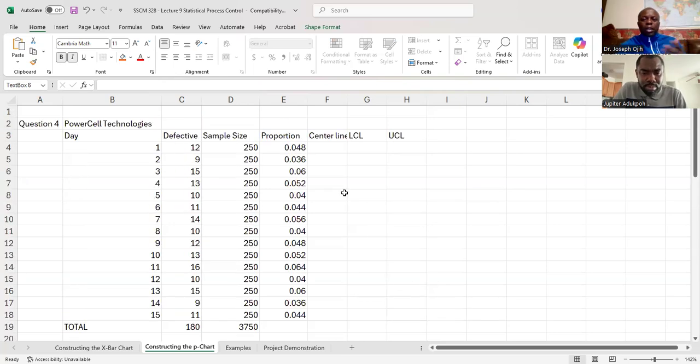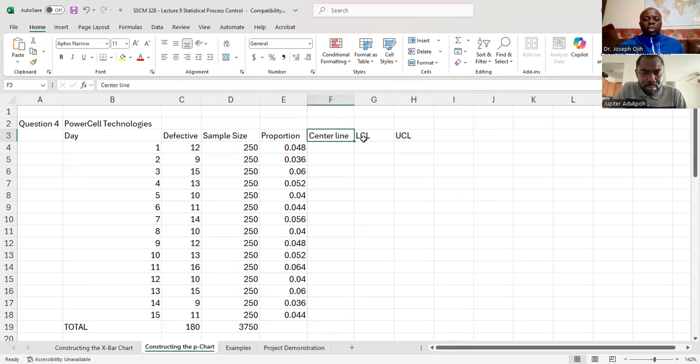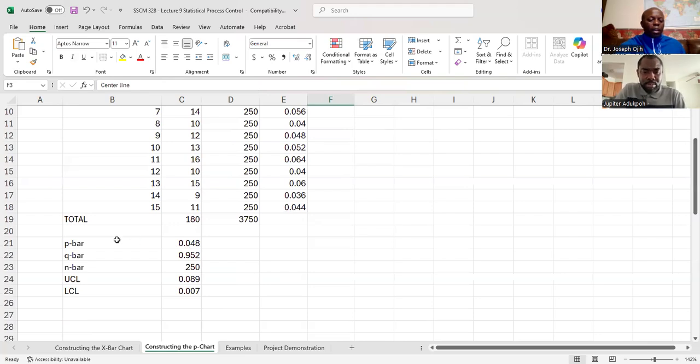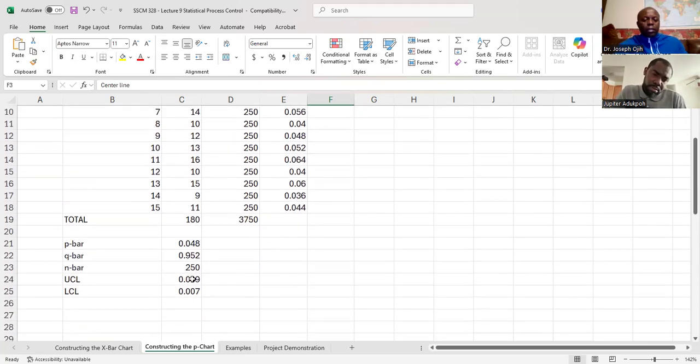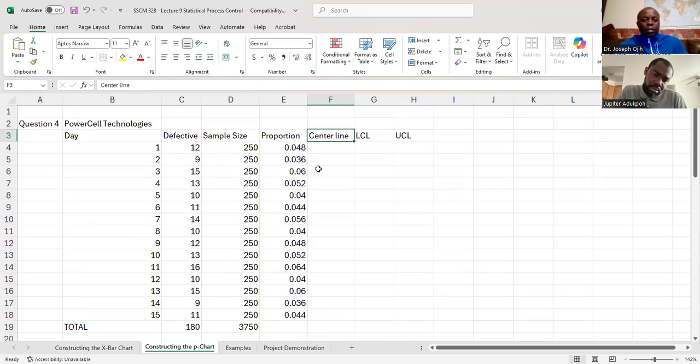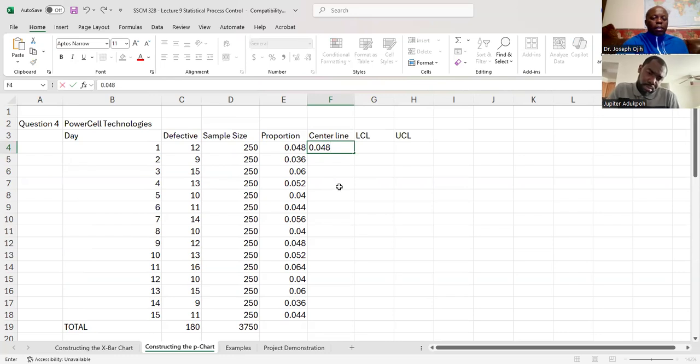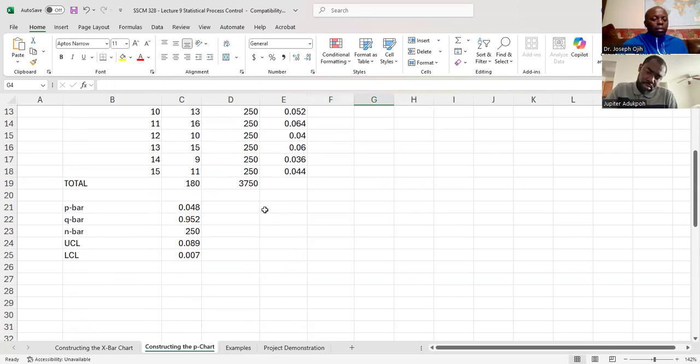Now we are ready to draw the P chart. For the P chart, we need the center line P bar, which is 0.048. You have already calculated this, so you just type it in here: 0.048. For the lower control limit, you got 0.007.